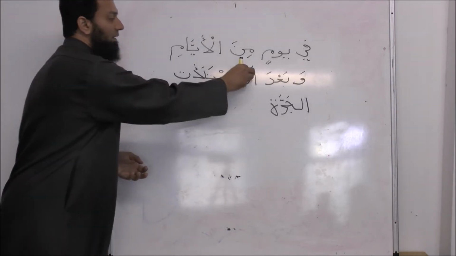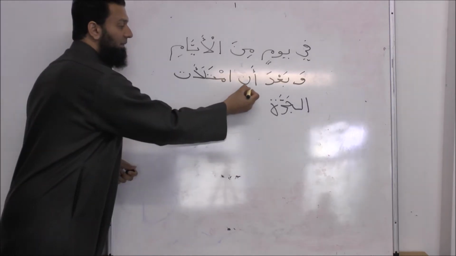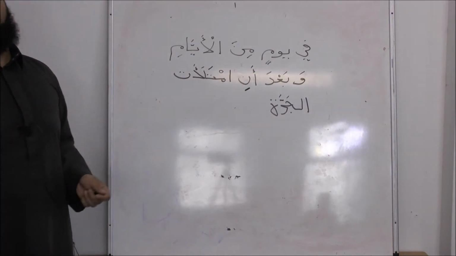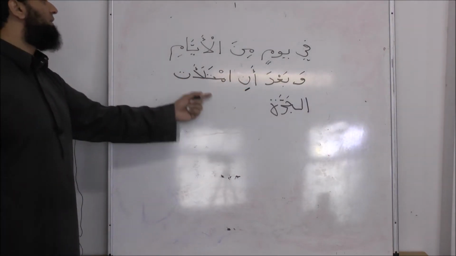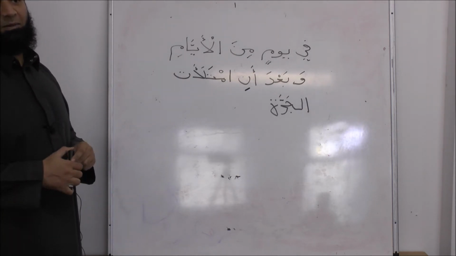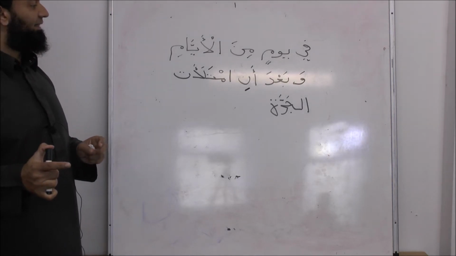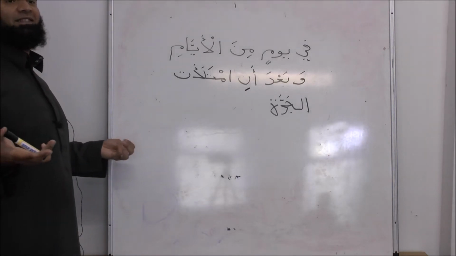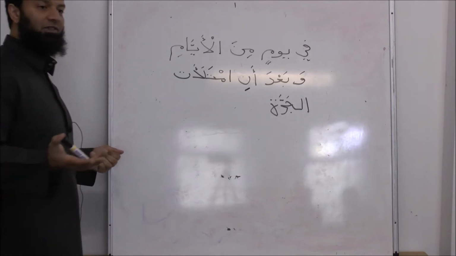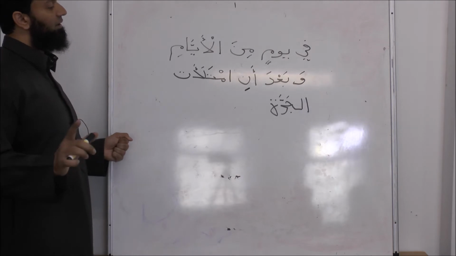So it has to become a kasra. وَبَعْدَ أَنِ امْتَلَأَتْ. Right? How do we decide on that vowel? Why can't it be anam tala'at? Oh, because it just becomes kasra. It's the rule of pronunciation. Yeah, just becomes a kasra.